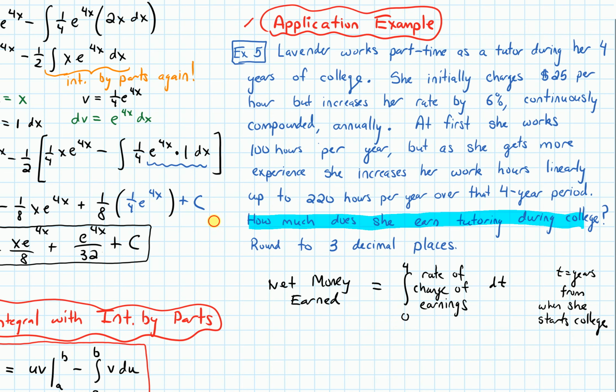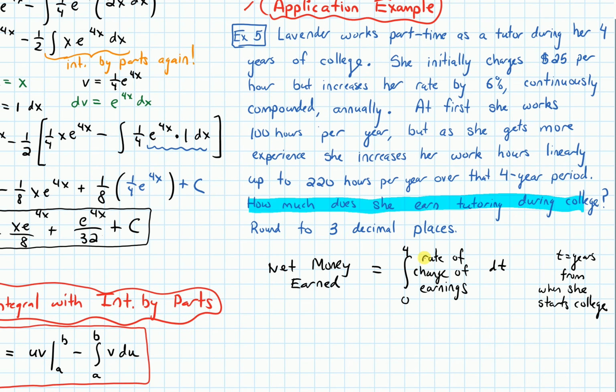Okay, so we are going to have to think about how we would compute this rate of change of her earnings. So the rate of change of her earnings. Let's focus on this. The rate of change of her earnings depends on two things. Sort of conceptually, if we want to think about how much she earns, we'll have to multiply two things together.